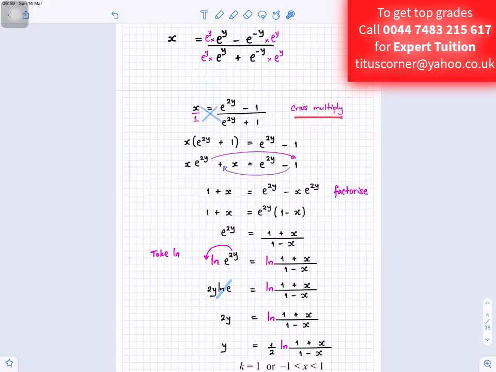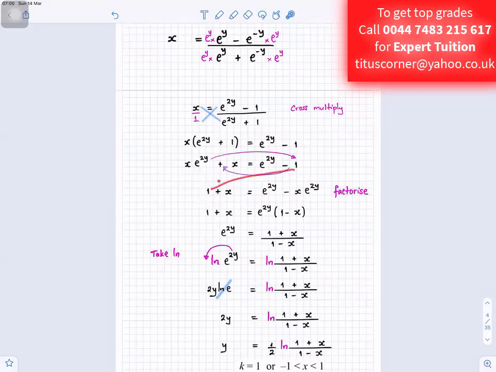Now you cross multiply. 1 times e to the 2y minus 1, and x times e to the 2y plus 1. Now you rearrange it in such a way that it makes your life easier. Take minus 1 to the left, it becomes plus 1.